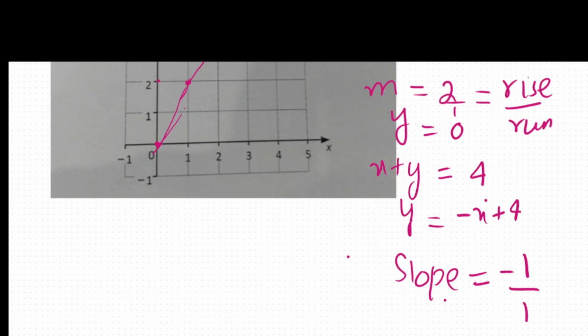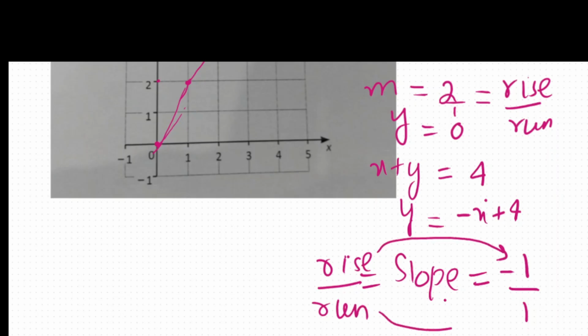Slope is rise over run, so our rise will be minus 1 unit and run will be positive 1 unit, and our y-intercept will be positive 4. Let's plot it on the same graph.